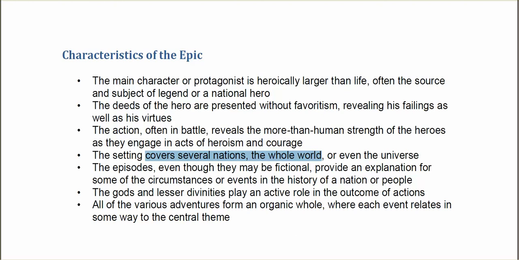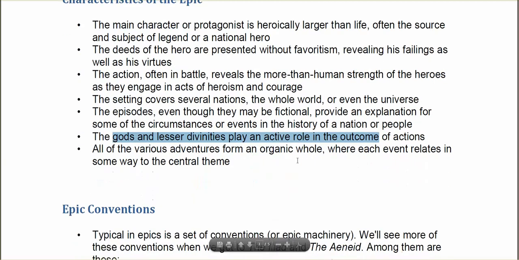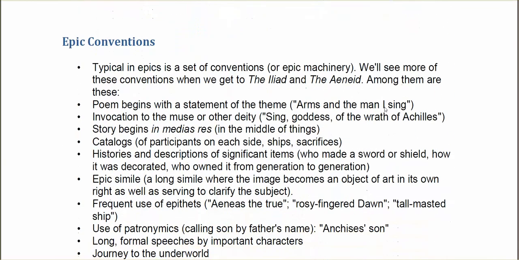And other gods play an active role in the outcome of actions. In other words, they interfere with the lives of humans on Earth. So these characteristics of the epic can be addressed.